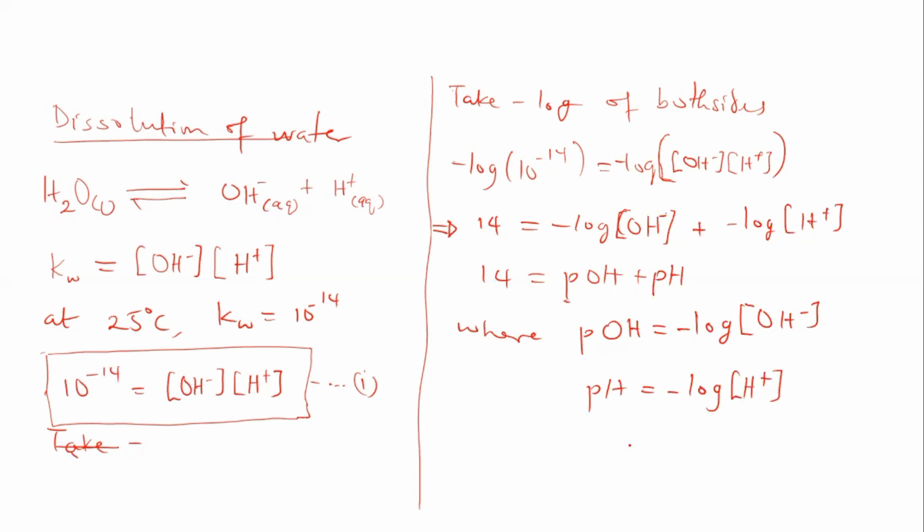I think that is very interesting. So this is small letter p and this is capital letter H. Therefore, the addition of POH and pH is going to give us 14. So this one is going to be equation 2, this one is equation 3, and this one is equation 4. I think life is very easy with that.